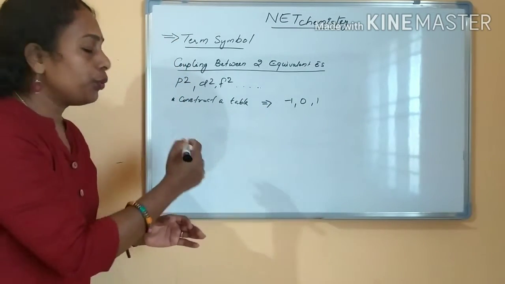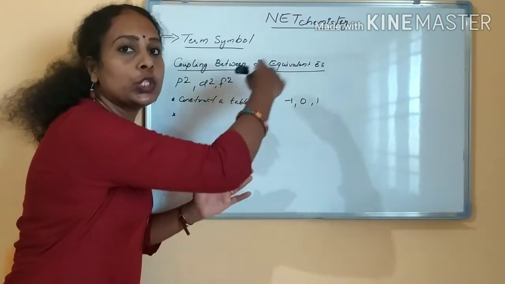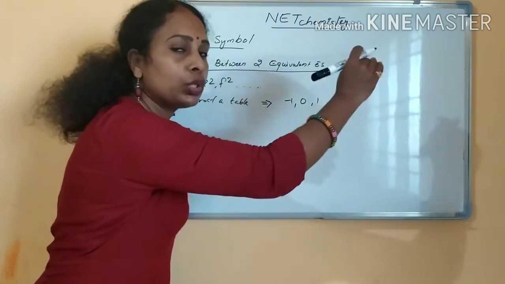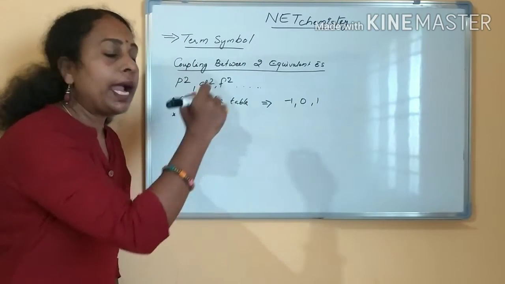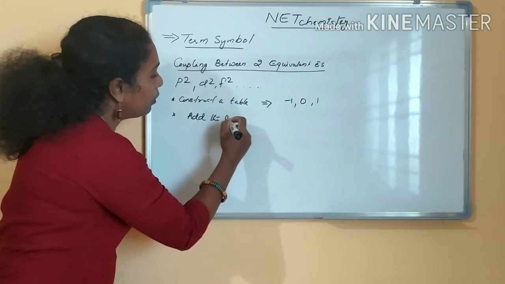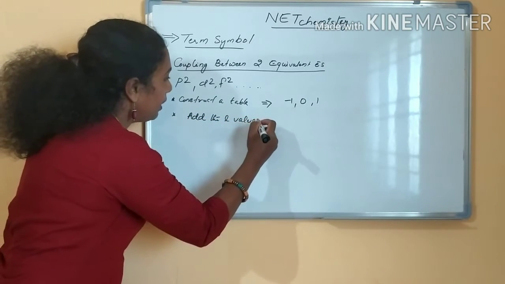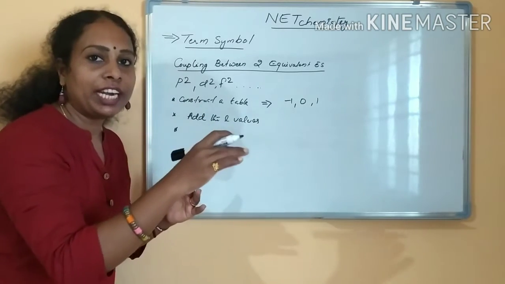Then what you have to do? You have to sum up whatever you have filled in horizontally and whatever you have filled in vertically; add the L values. Then you will get diagonal elements and off diagonal elements.